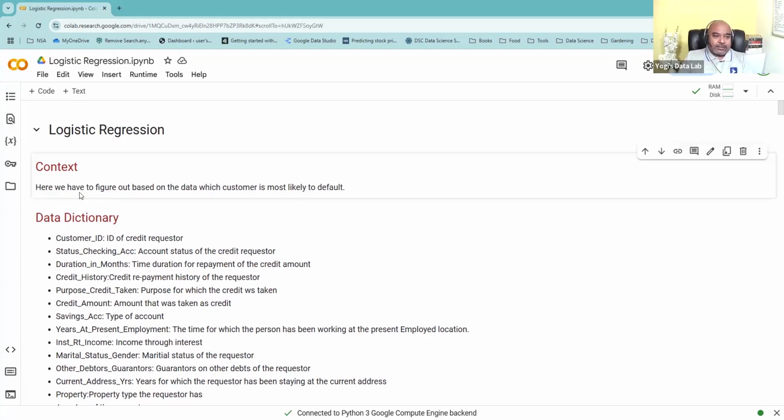So here you can see on the screen that we have to figure out which customer is most likely to default.